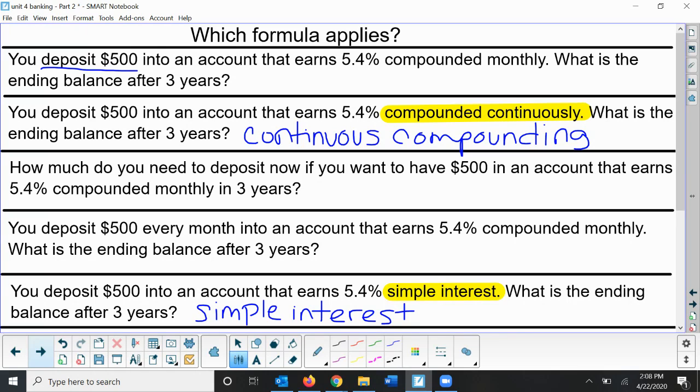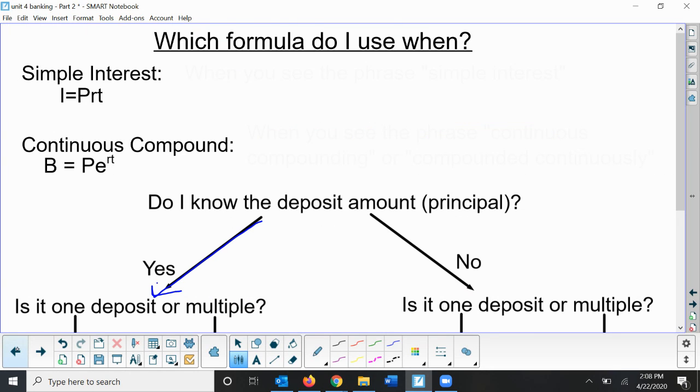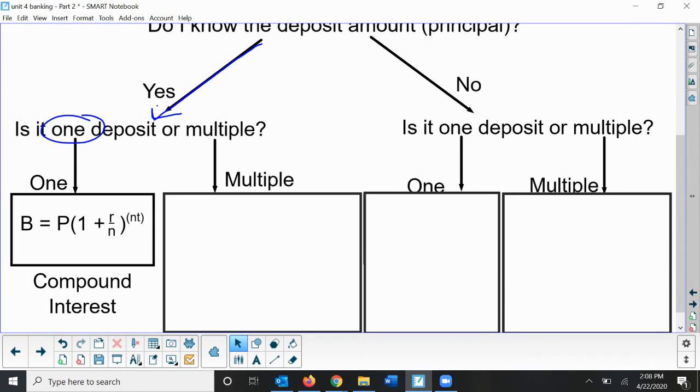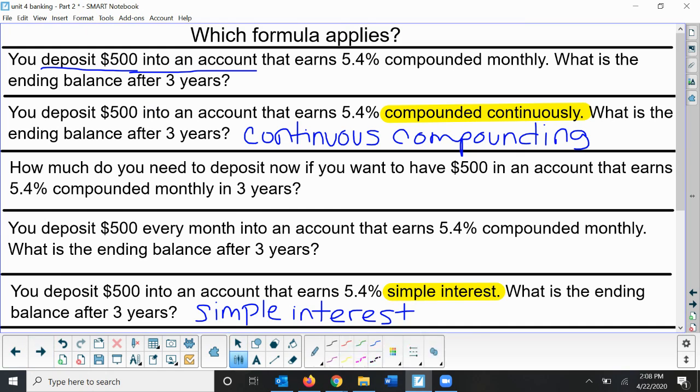It's all based on the deposit. I deposit $500 into an account, and I do that just one time. So, going back to my flow chart, yes, I know the deposit amount and it is a one-time deposit. Therefore, that is a compound interest problem, and I'm going to use my compound interest formula for that one.